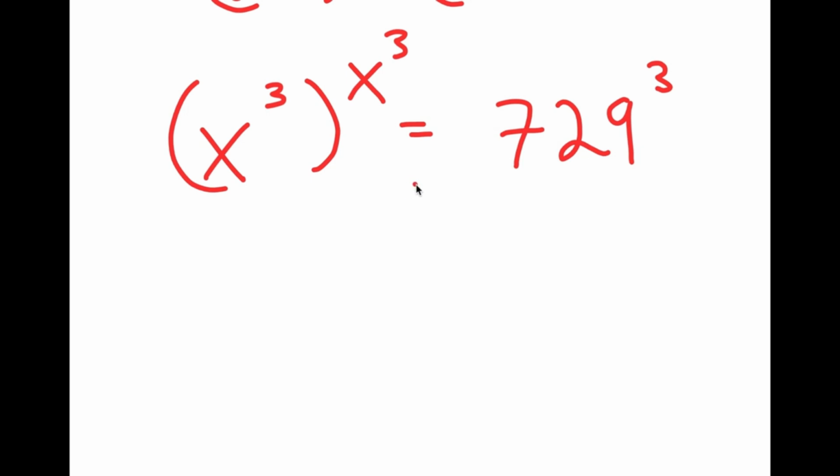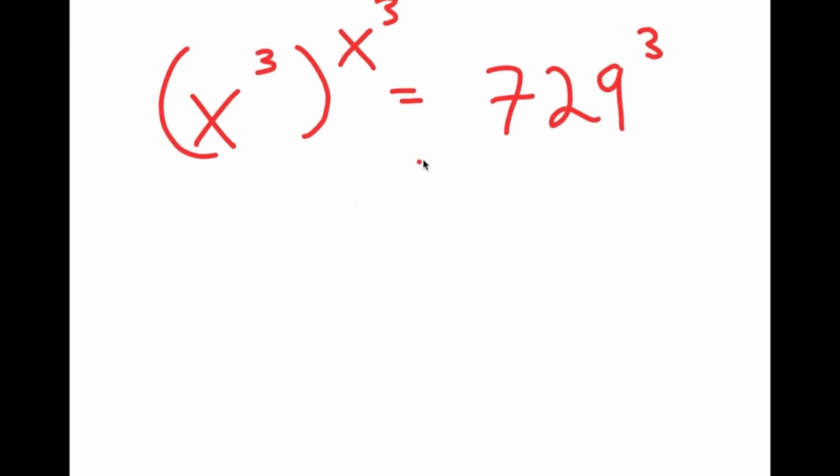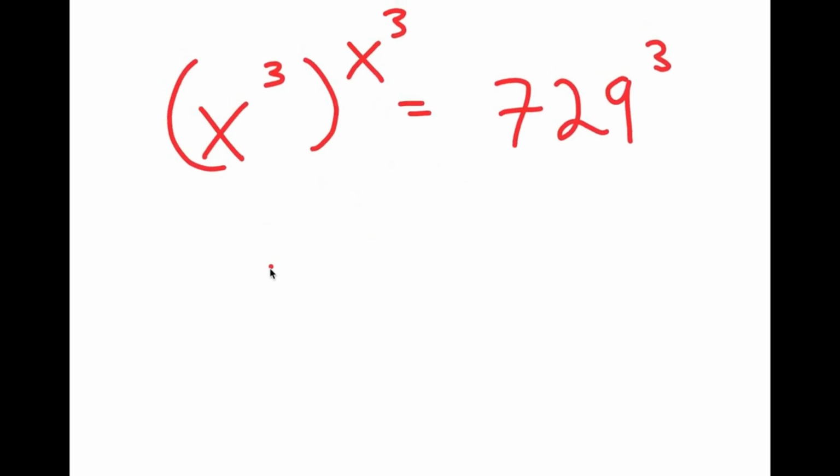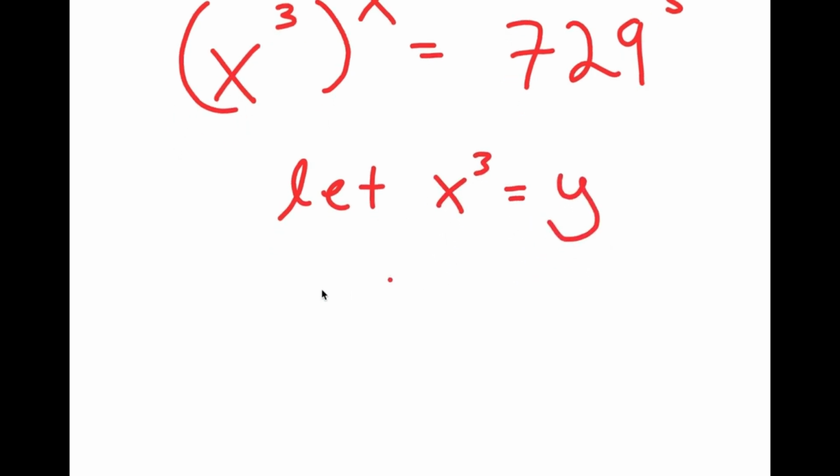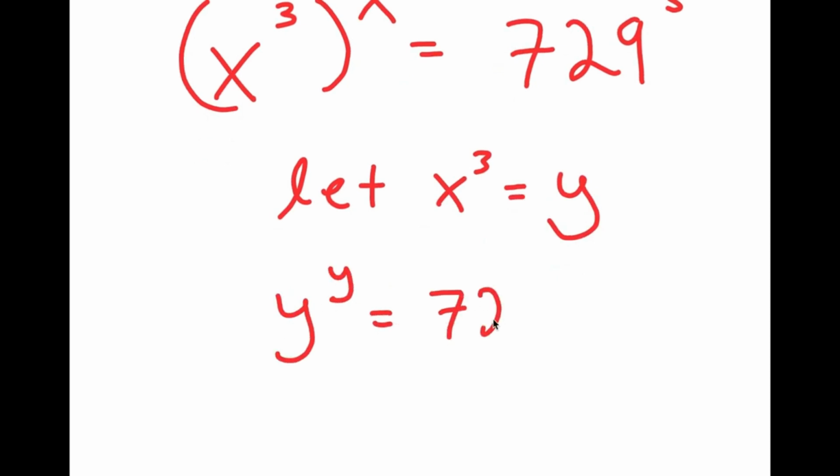Now, from here, I'm going to let x to the power of 3 equal to the variable y. So I get y to the power of y is equal to 729 to the power of 3.